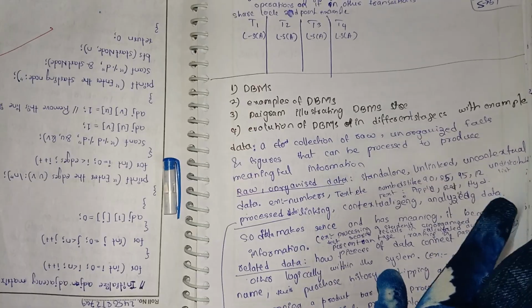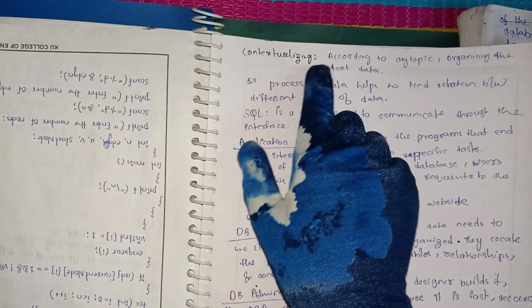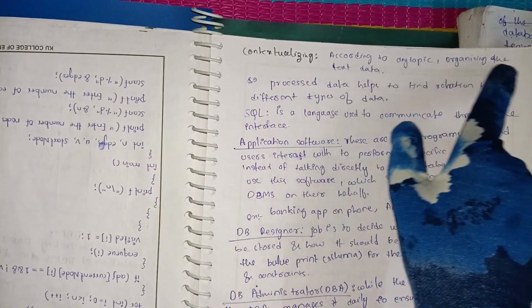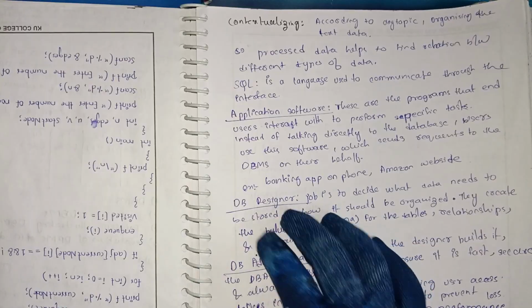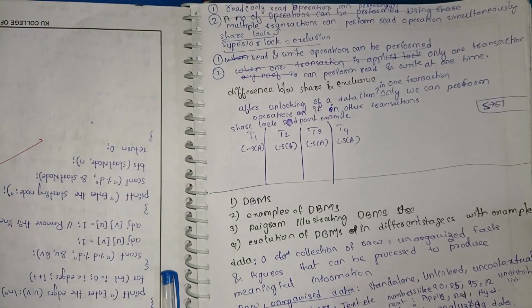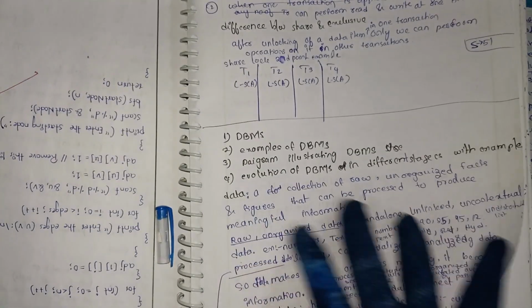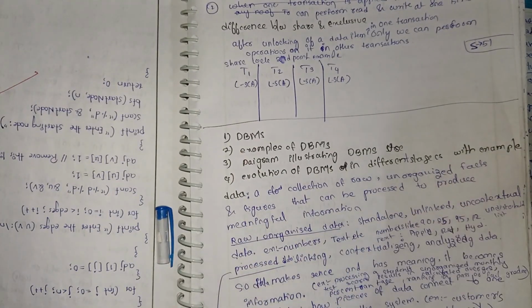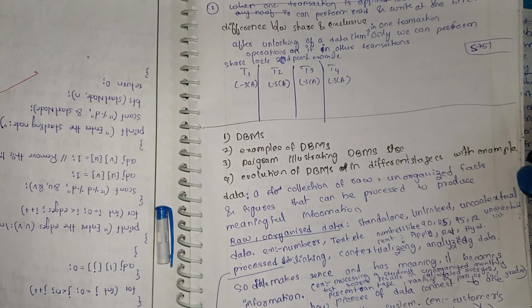Okay, and here uncontextualizing means according to any topic organizing the text data. So uncontextualizing means we are not organizing the data according to a particular topic.